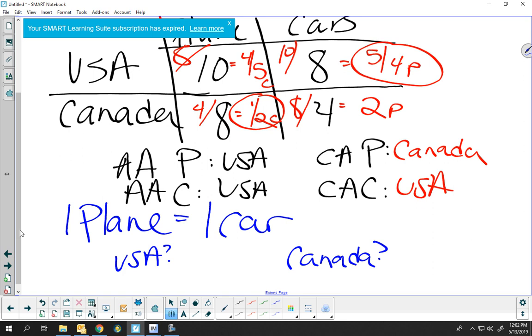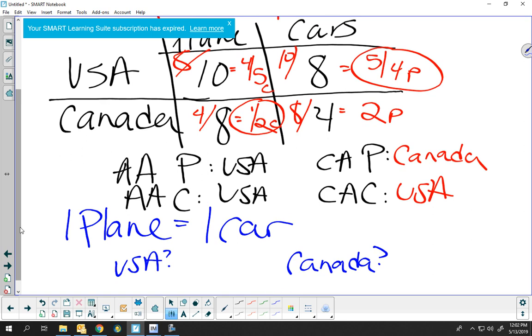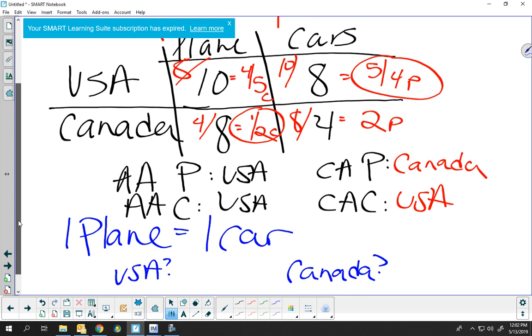Do you want me to give you time to figure it out? I'm going to give you some time. Will USA like this trade agreement? Will Canada like this trade agreement? Two separate questions. Just because one likes it doesn't mean they both like it, and just because one likes it doesn't mean the other one's going to hate it. It could be both good, both bad, or one good and one bad.